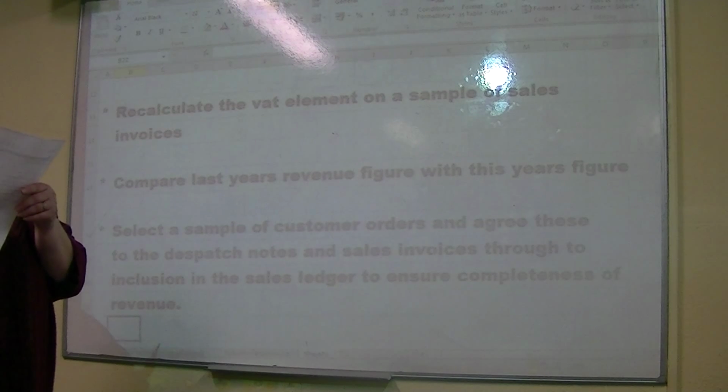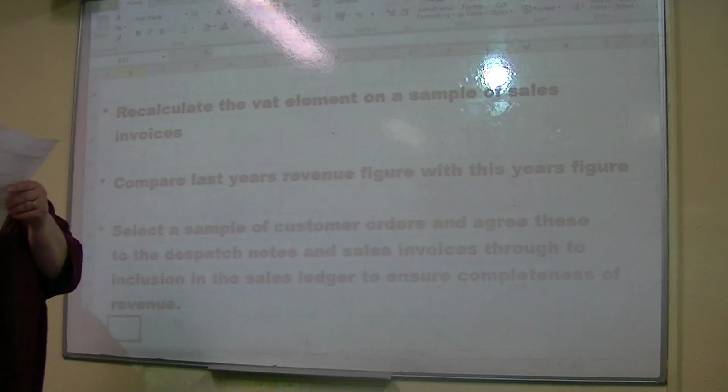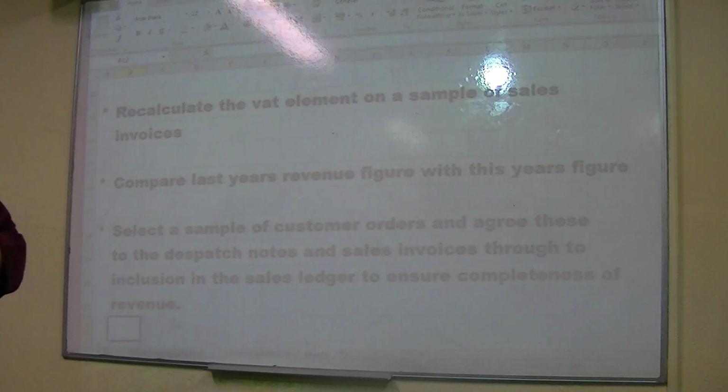Number 4, test cut-off procedures to ensure debtors are included in the correct period. 5, inquire into and verify correct treatment of stock dispatched on sale or return. Obtain or prepare a schedule of prepaid expenses and compare with previous year. Obtain or prepare a schedule of other debtors. Extract and agree intergroup or related company balances. Identify any loans from directors and ensure adequate disclosure of these is made in the financial statements.